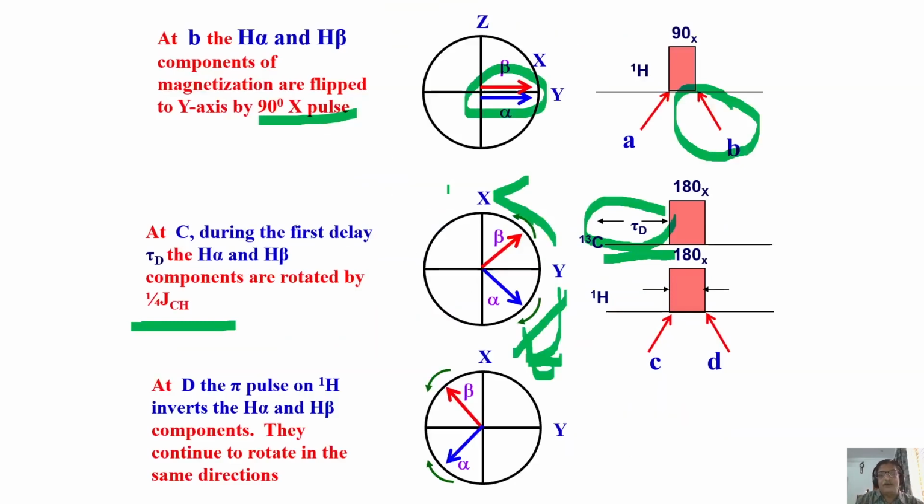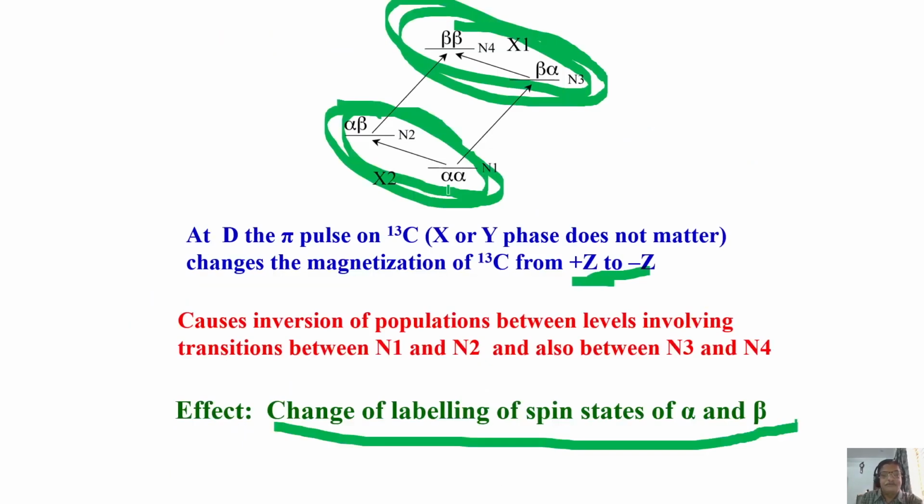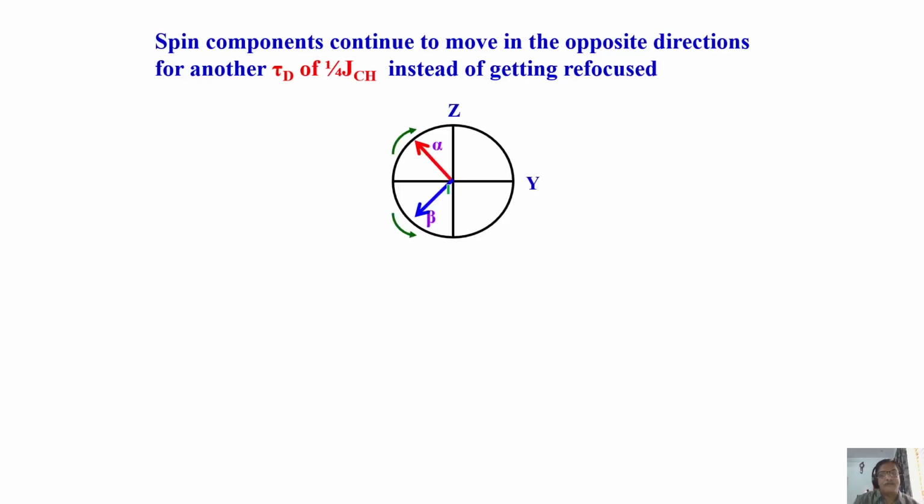Because you are applying a 180 pulse, you interchange the spin population. They are coupled to protons. This doublet component of carbon is because of protons, and the proton doublet is because of carbon. Now you are inverting this, which means you change the labels of spin states alpha and beta of proton. That's what happens. Now the spin components continue to move in the opposite direction.